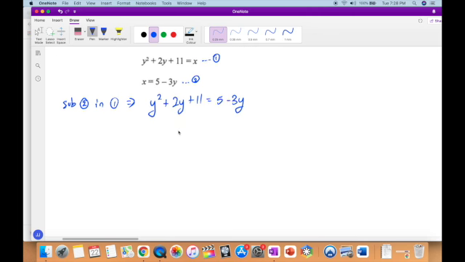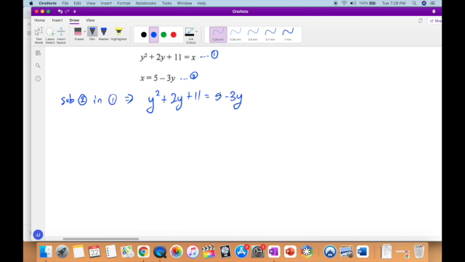So now it's just a matter of doing thing, right? I wouldn't throw the 11 across because remember, to factorize it, I'll need to have everything equal to 0. So I'll bring everything across, right? So I'll get y squared plus 2y plus 11. I'll bring the 5 across to get negative 5.